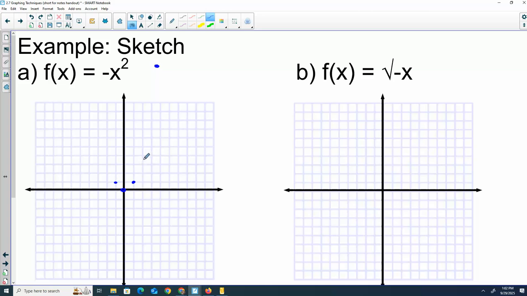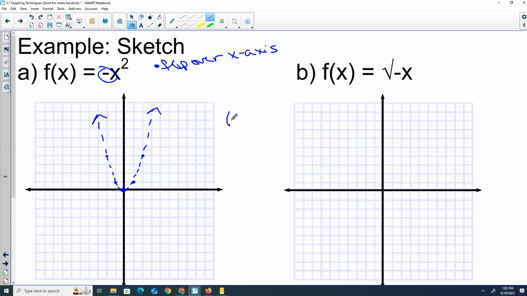If you wanted, you could do 2, 4, and negative 2, 4. Okay. What will this negative do? Flip or reflect over the x-axis. Okay, it's like a mirror image.